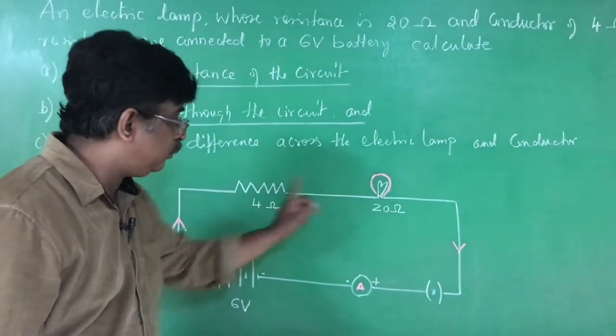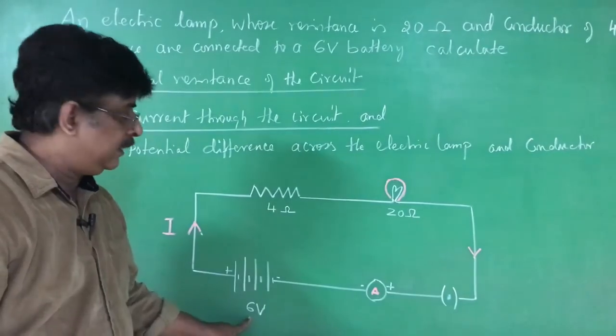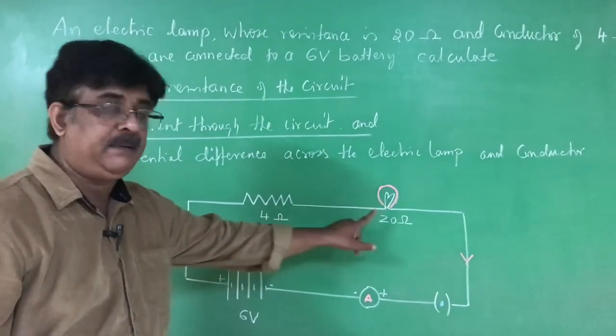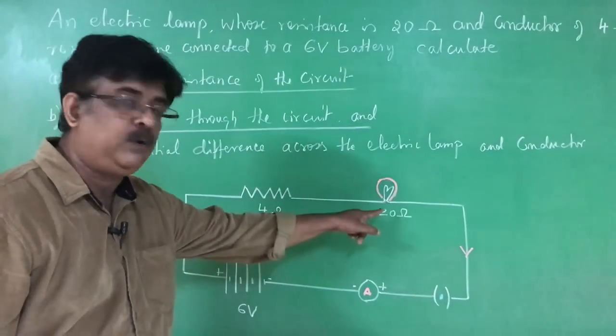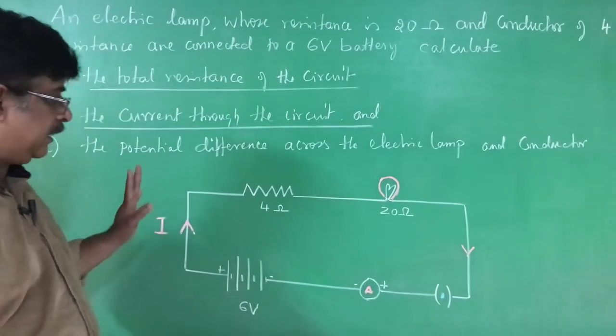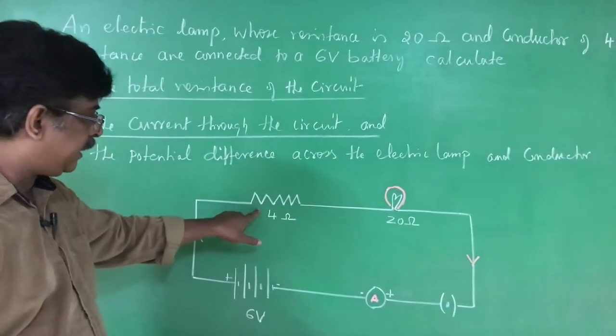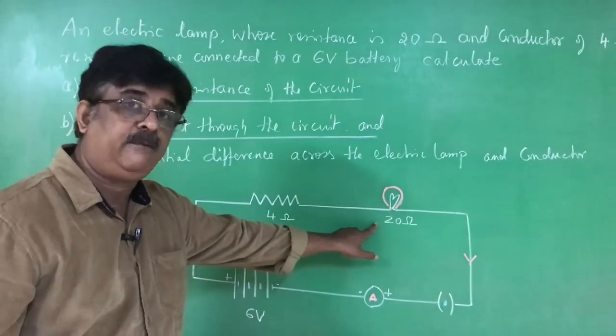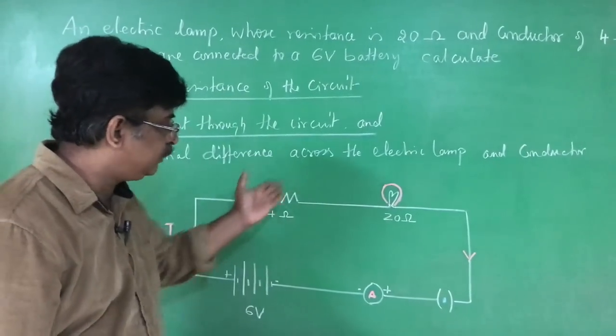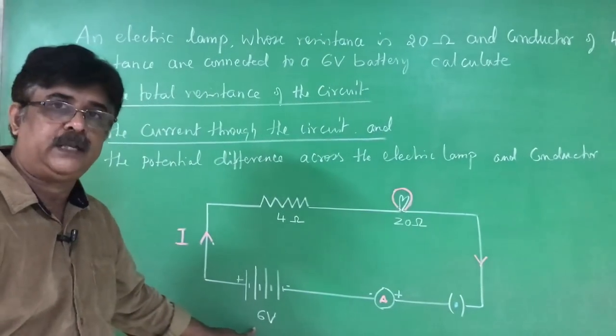By adding those two, we get 6. This may be V1, this may be V2. V1 plus V2 is equal to 6 volt. Therefore, we have to calculate the voltage here and here, and we can easily verify also. By adding these two voltages, we have to get the total voltage, right?